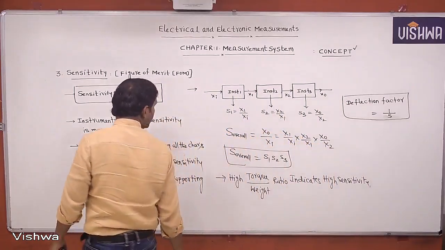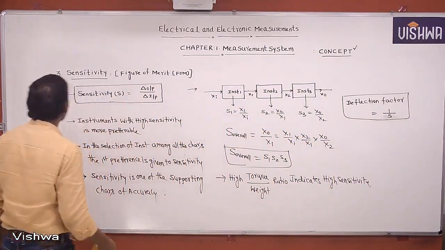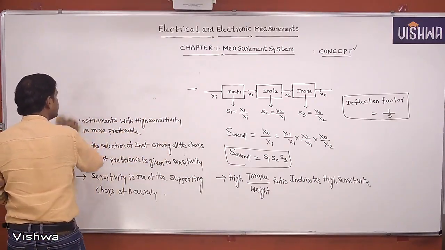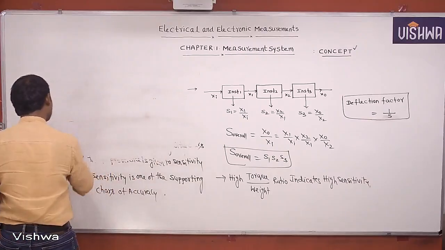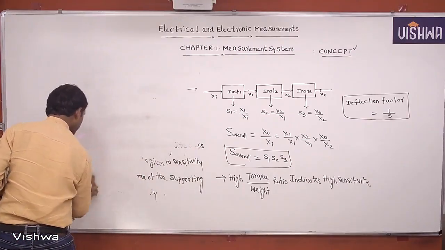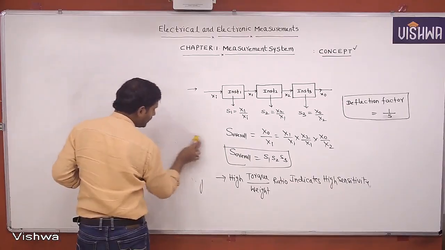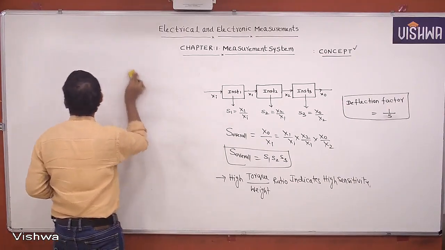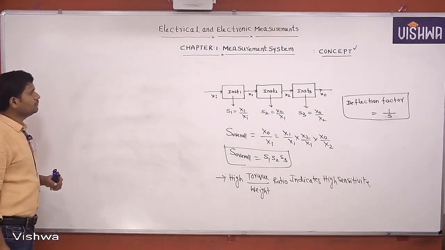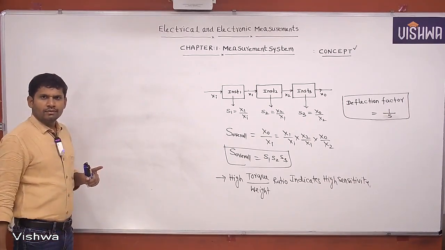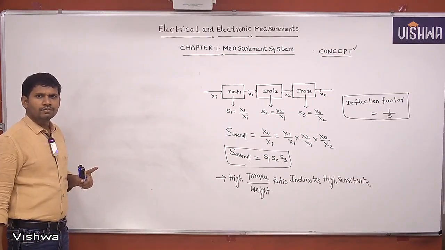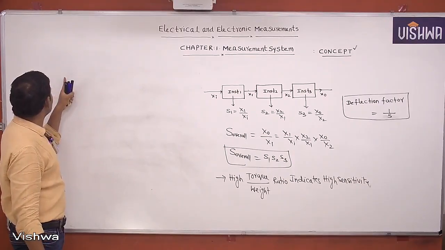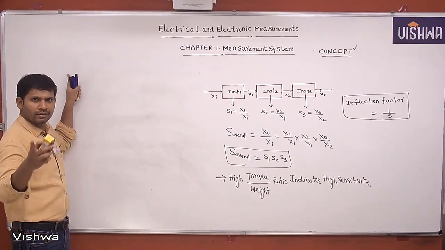Okay, clear? Then we go for one more characteristic of instrument. I gave accuracy, resolution, linearity. This is sensitivity. I gave the numbering, I think 3.